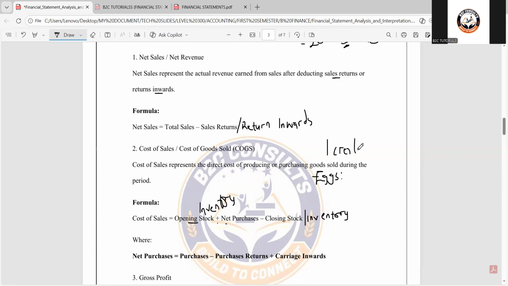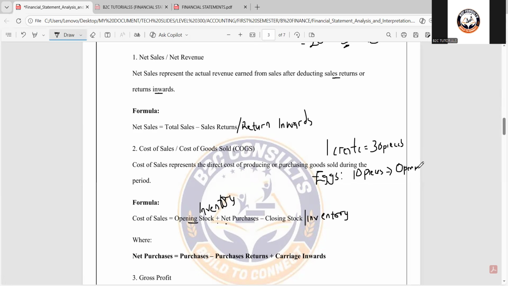Assuming every day I want to sell one crate of egg. Today, when I was beginning, I was unable to sell the whole eggs yesterday. So assuming I begin today with 10 pieces, it becomes the opening.